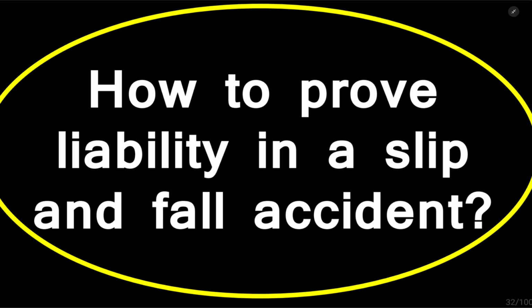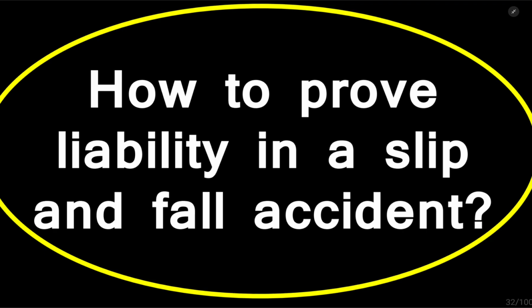Now, point number three, demonstrate that the property owner knew or should have known about the hazard. One of the key elements in proving liability is showing that the property owner either knew or should have known about the hazard. If the property owner was aware of the hazard, for example, they received a complaint from a customer, you can argue that they were negligent by failing to fix it.